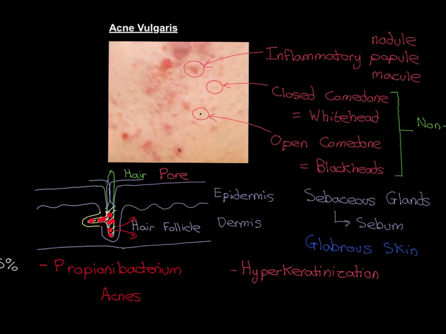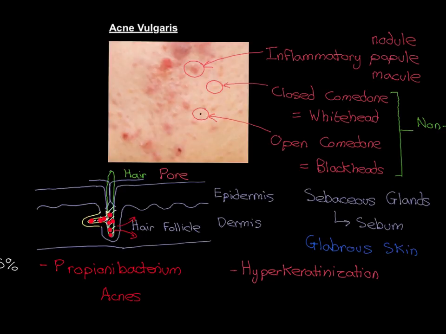You'll get dilation of blood vessels, which will cause redness, and you'll start to get proteins and white blood cells that can fight the bacterium and kill the bacteria coming out of the bloodstream and into the area, and this will cause swelling. You'll get loads of inflammatory cytokines released, and this will result in maybe a little bit of pain. Okay, and that is how inflammatory papules, and if the whole thing is big enough, inflammatory nodules form.